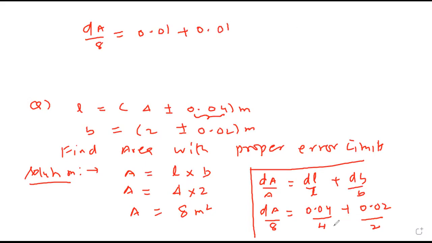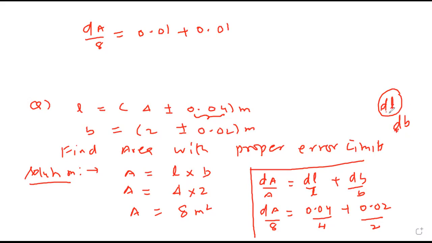Not followed? Sir, I have a doubt here. You don't have to multiply 0.04 into 4, because we are writing dL now. So we need to multiply the value of L also, right? See, dL is notation. dL means error in L. dB, error in B. d is nothing, it is called an operator. d has no meaning of multiplication.